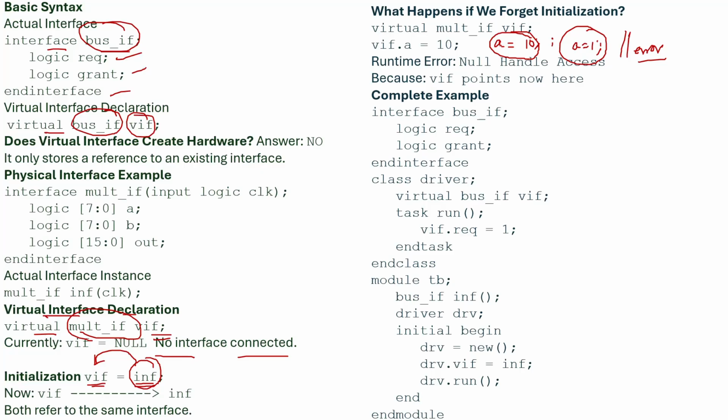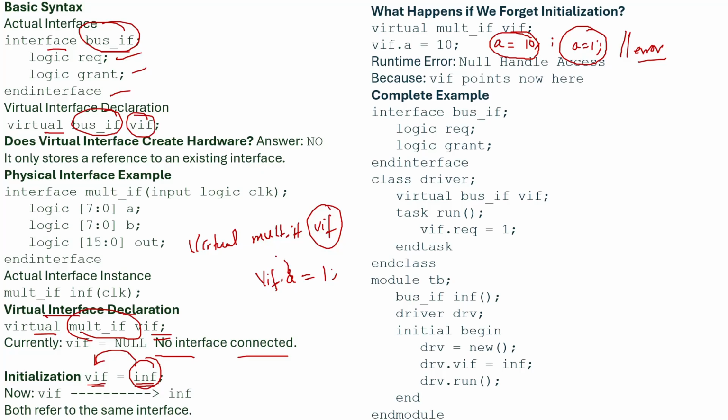Now you are pointing through the virtual interface. VF dot A equal to value, you are assigning them. Then this signal will be pointing to the virtual interface. That virtual interface is pointing to, see, virtual, you are representing some multiple interface. Suppose you are driving the signals like this, VF dot A equal to 1.